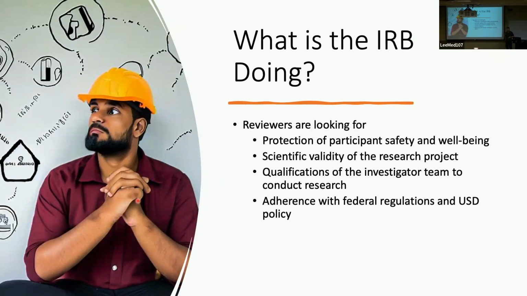The last two bullet points there, adherence with federal regulations and policies, those are definitely things that people recognize, yes, the IRB should be reviewing. Where we get a lot of questions and oftentimes a lot of lively discussions with investigators is when we're looking at the scientific validity of the research project and the qualifications of the investigator and the research team.